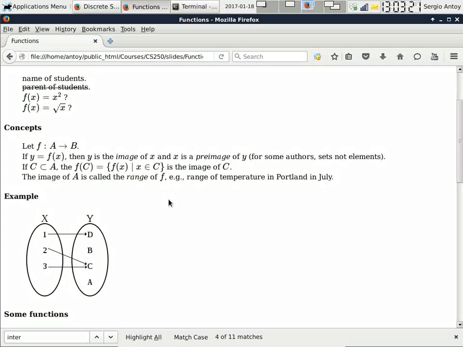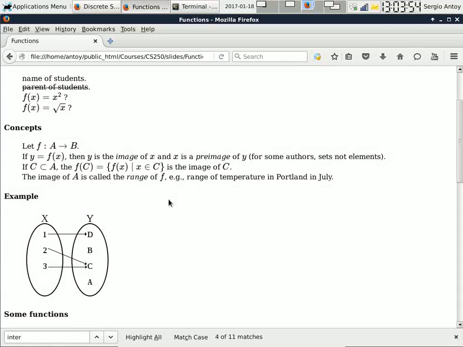If you have a function that at each hour of the day measures the temperature in July, what do you call the set of all the values? The range of the temperature. When you say that the range is 60 to 80, it means that at some time the temperature was between there. That value was taken. Sounds good?